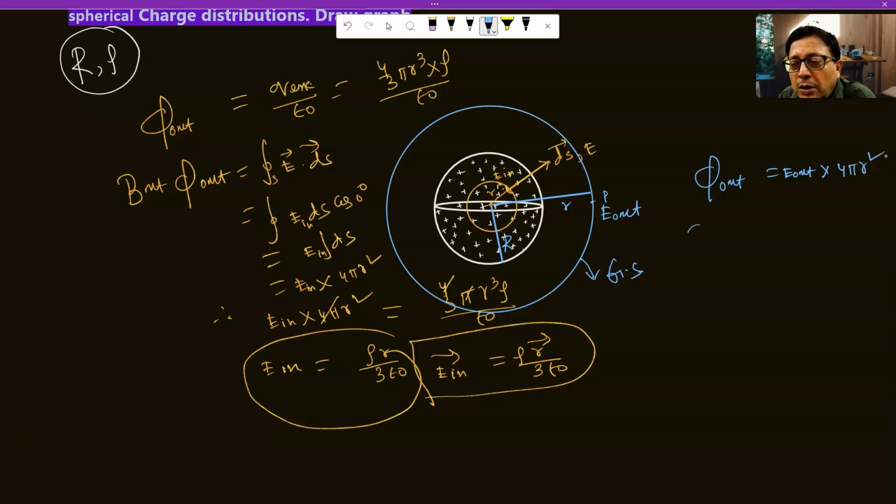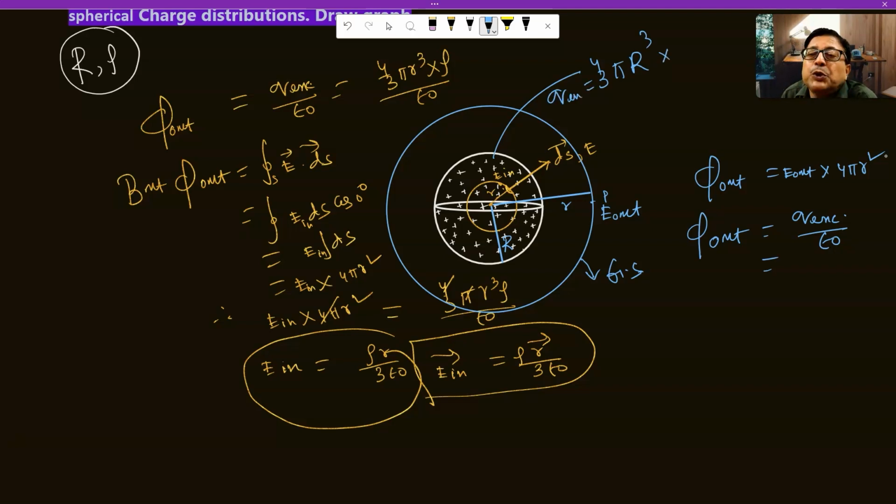By Gauss law, phi out will be Q enclosed by epsilon naught. How much charge is enclosed in this sphere? Its volume is 4/3 pi R cube. Q enclosed must be equal to volume multiplied by rho. Am I correct? So it will be 4/3 pi R cube rho divided by epsilon naught.